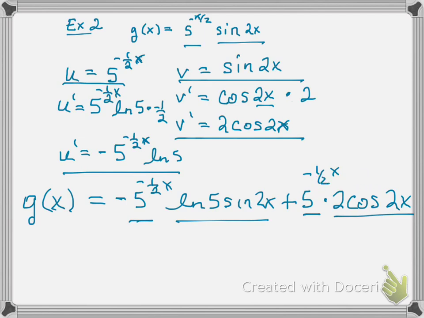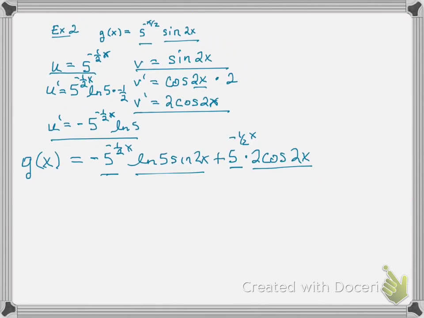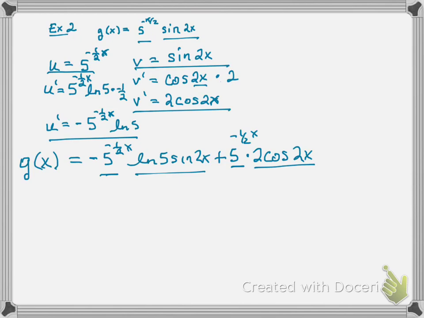And once again, that would be acceptable to me as an answer. I'm not sure if that's what they would have in the back of the book when we checked it, so because of that, I'm going to factor out what the two terms have in common. That's a g prime. The two terms in common have a negative 5 to the negative 1/2 x power.